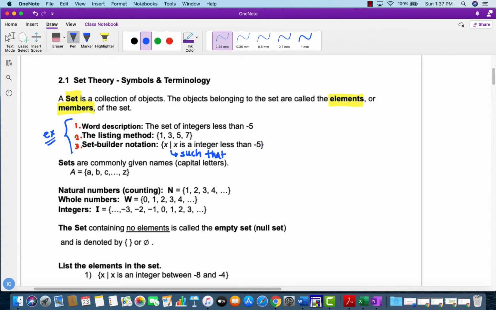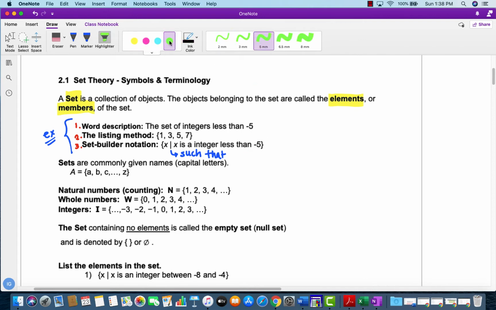Okay, so notice you end with the braces again. So this is just an example of how the sets are going to be written, either by a list, a set builder notation, or a description.